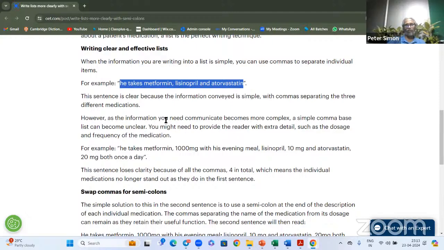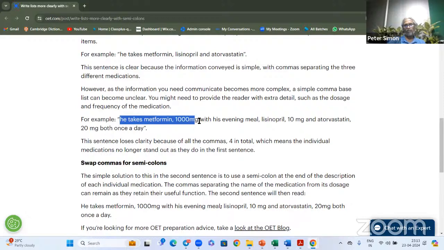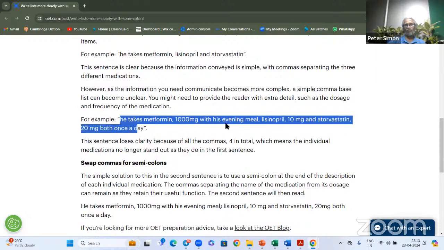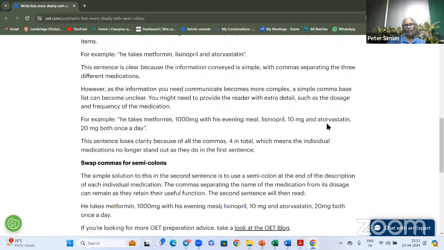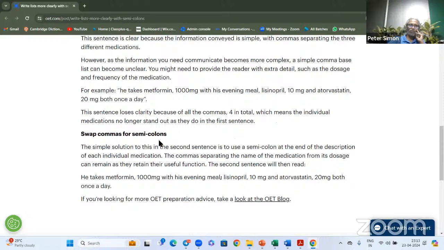He takes metformin 1000 mg with his evening meal, lisinopril 10 mg and atorvastatin 20 mg both once a day. There are too many commas here, you can see. Now swap commas for semicolons. That's it.